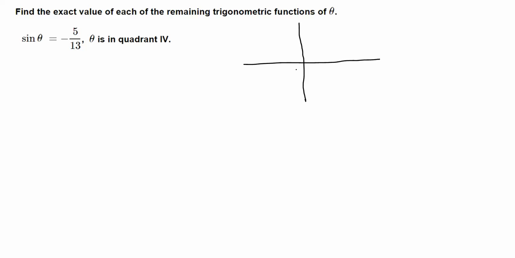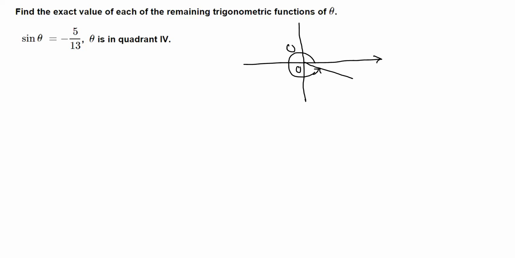Okay, so origin is the vertex for the angle, in the fourth quadrant somewhere here, and we know sine is opposite over hypotenuse. It doesn't matter where you draw, just draw the angle theta in the fourth quadrant.